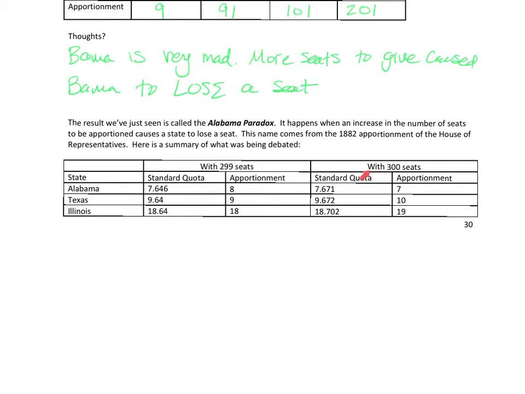And then we increased that to 300 seats, and it went 7, 10, 19. So Texas and Illinois each got an extra seat, and Alabama lost a seat. So there was an extra seat to give out, and Alabama ended up with fewer than they did before.